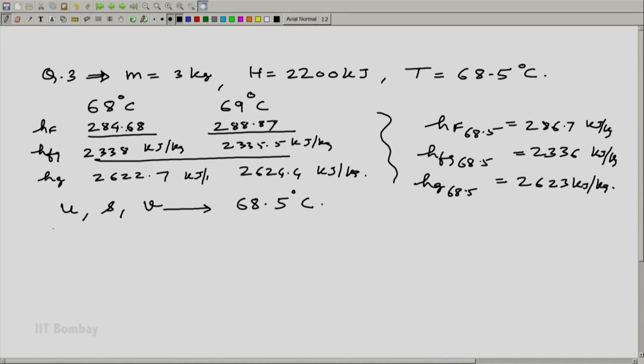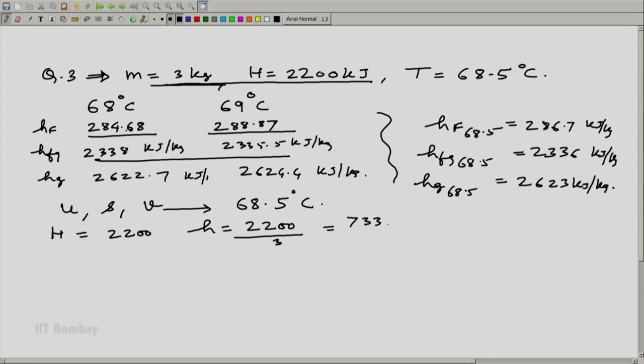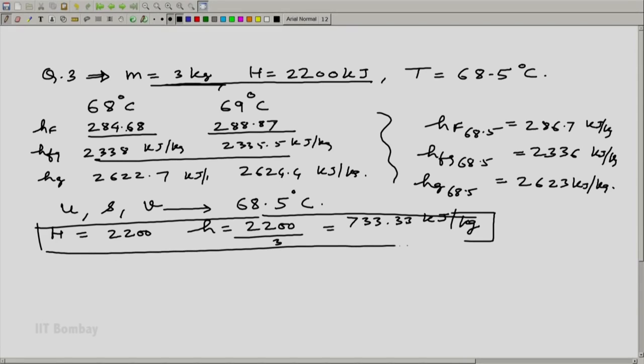Now we know that H is given as 2200, but the values in the table are per kg, and here the mass is 3 kg. So H is therefore 2200 divided by 3, and that is 733.33 kilojoule per kg. It is very important to understand that the values given were not per kg, therefore we have to find the per kg value, which is 733.33.